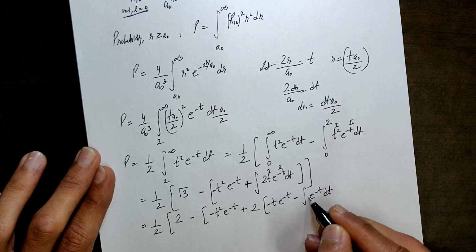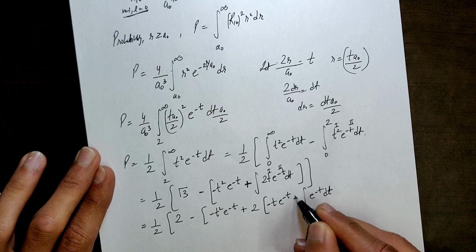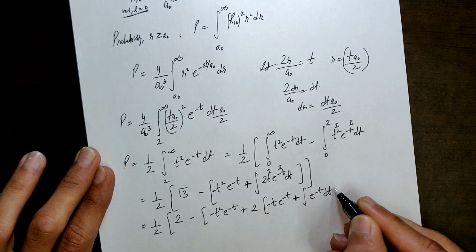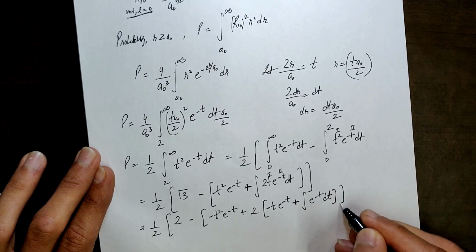Differentiation of t is 1, e raised to power minus t. This would be positive. So this would be like this.